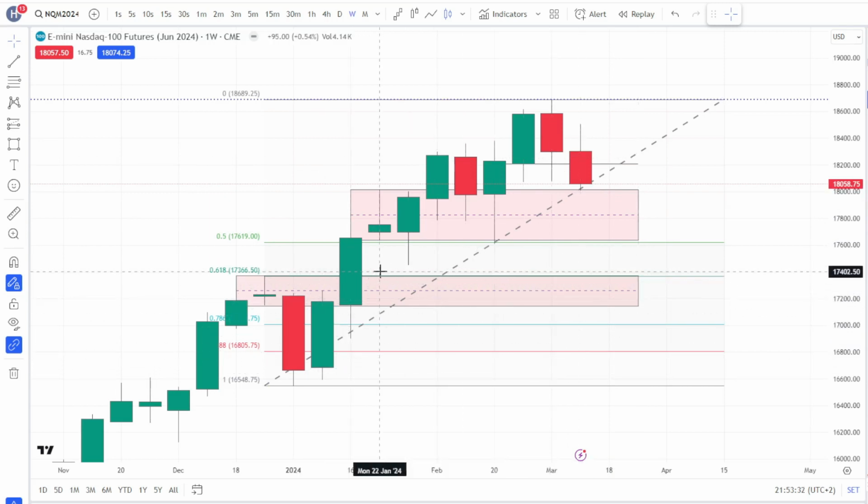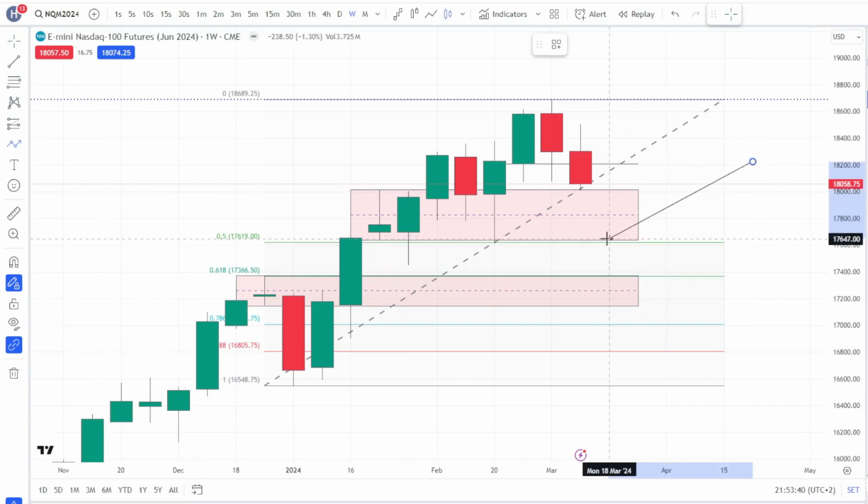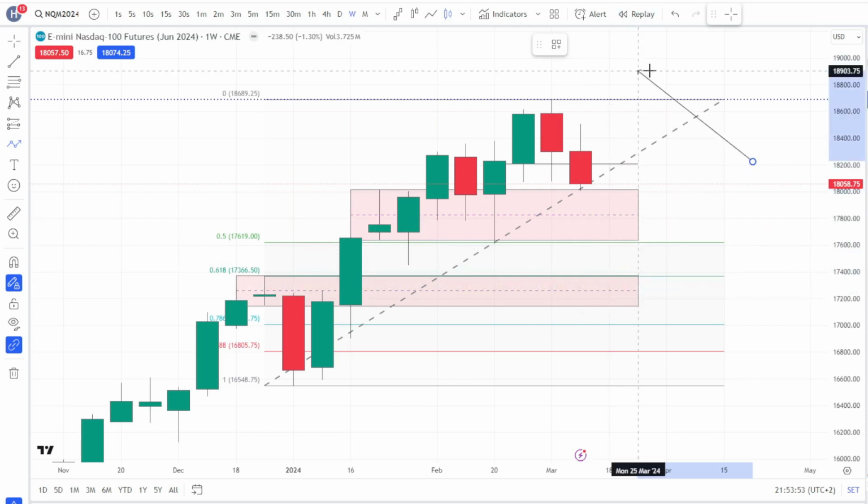What does it mean? It means that price must reach to those areas around here, or more reasonably here. So one of those might act as a breaker block to push even higher. We have higher targets.